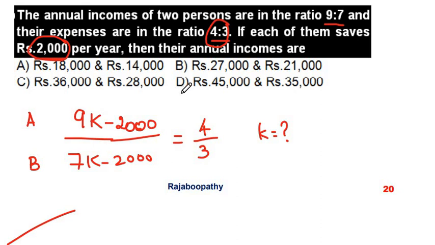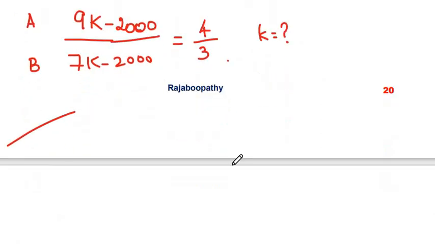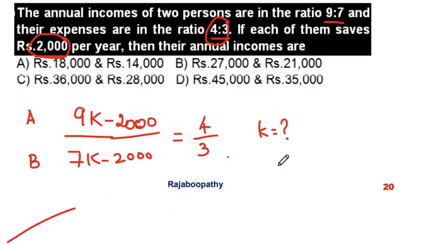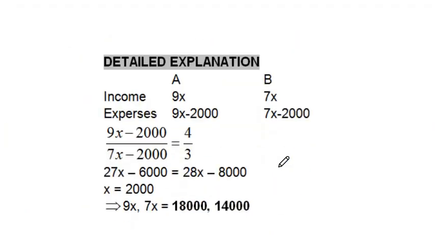What's the value of K? The constant. So the constant is 2,000.